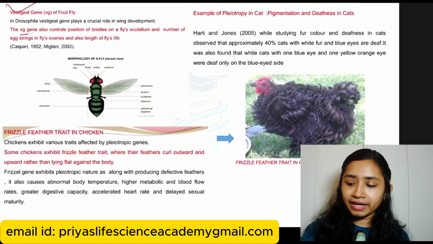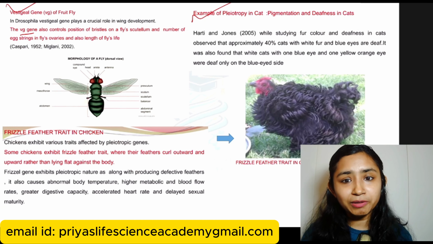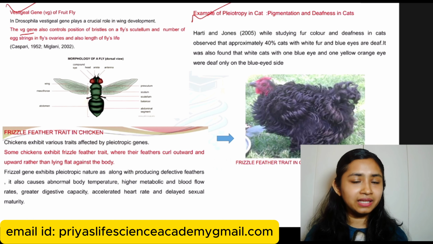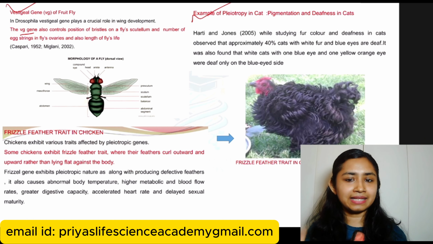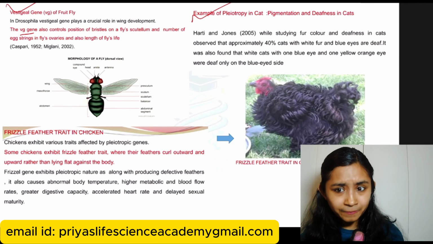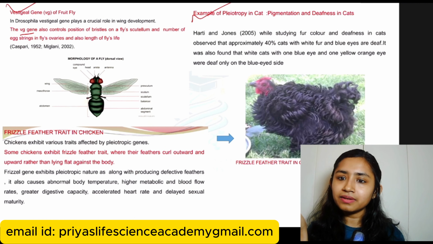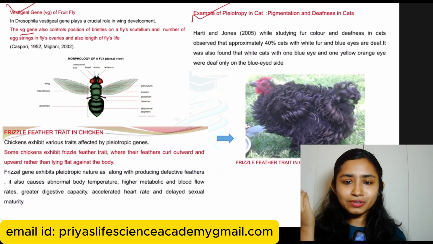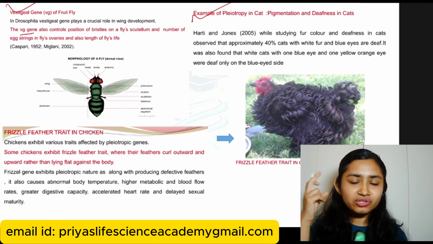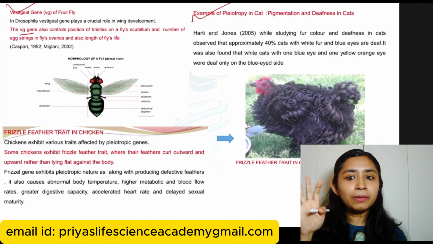Now an example of pleiotropy in cats, pigmentation and deafness in cats. Two scientists, Hertie and Jones, while studying fur color and deafness in cats, observed that approximately 40% of cats with white fur and blue eyes are deaf. It was also found that cats with one blue eye and one yellow-orange eye were deaf only on the blue-eyed side.